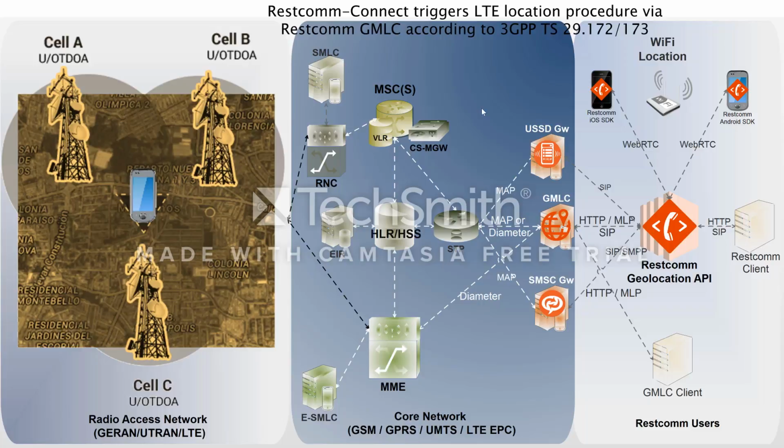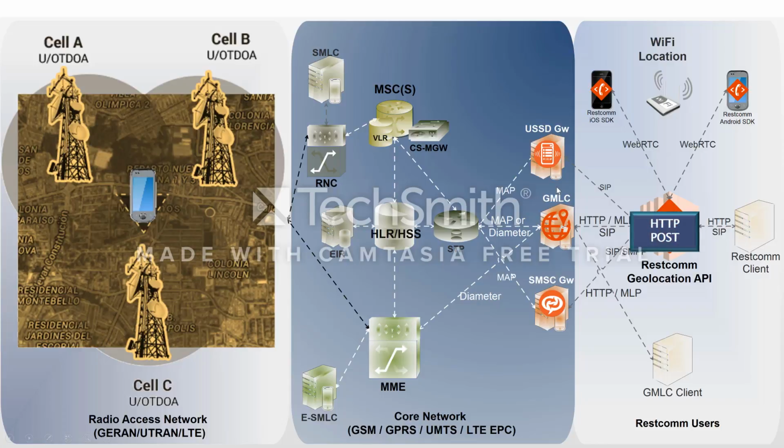At the same time, Restcomm Connect will trigger an LTE location procedure through Restcomm GMLC according to 3GPP technical specifications 29.172 and 29.173, which are Diameter procedures through Diameter interfaces Lh and SLg. So this is what happens.